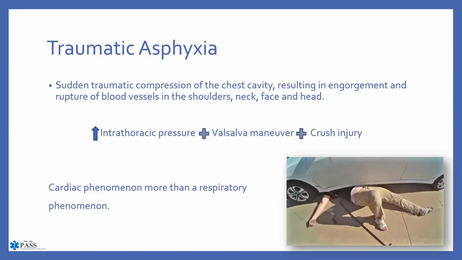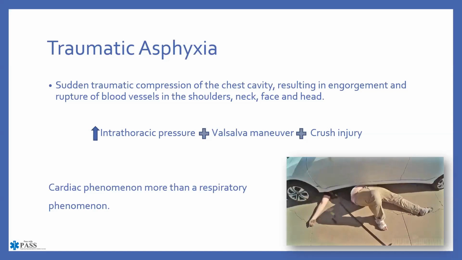So all that blood flow is there, and these patients are pretty identifiable. Oftentimes they might have ruptured blood vessels in their eyes, and they'll have outward signs that you're going to be able to look at and figure out that this was a traumatic asphyxiation. They're going to be discolored, meaning bluish, and have ruptured vessels above the level of the heart.